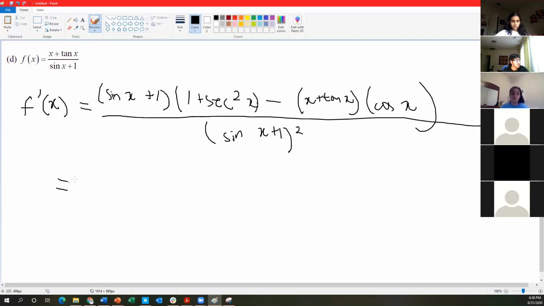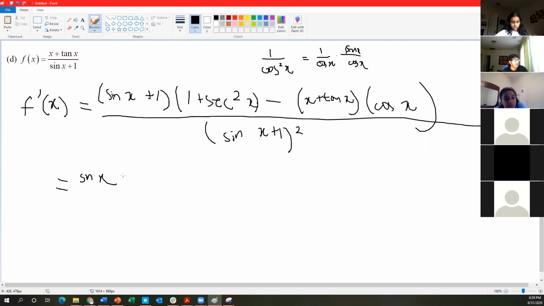Sine x times 1 is sine x. Then sine x plus sec squared x. So sec squared x is 1 over cos squared of x. If I think of this as 1 over cos x times 1 over cos x, and I'm multiplying this by sine x, I'll have a tan x, right?